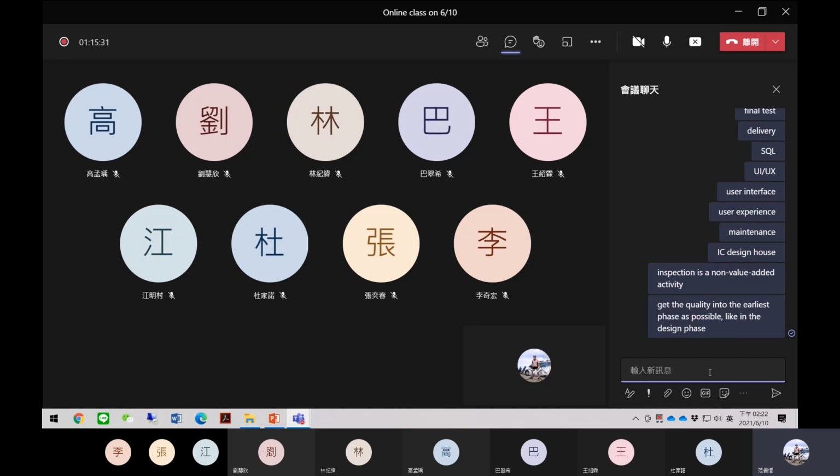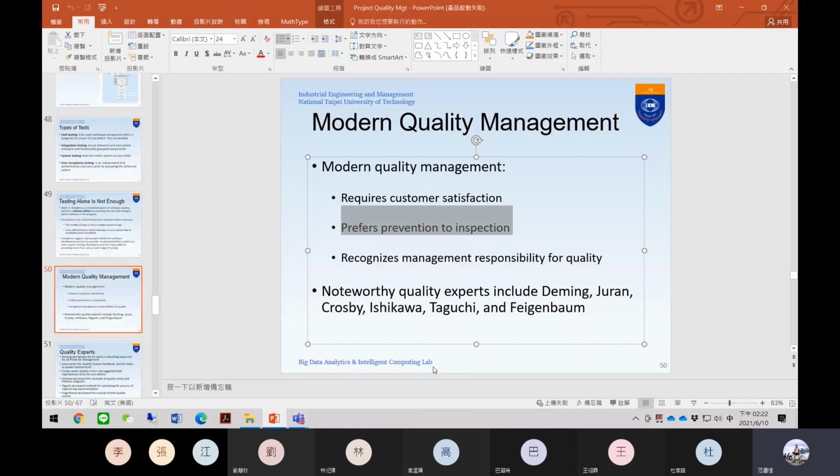We don't want to do any extra inspection, which does not add any value to our product. So recognize management responsibility for quality, called top management commitment.